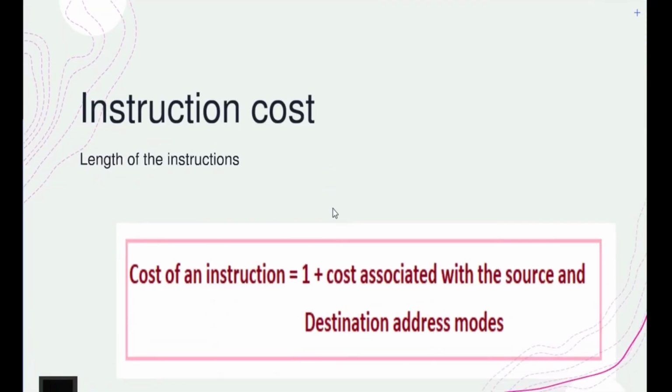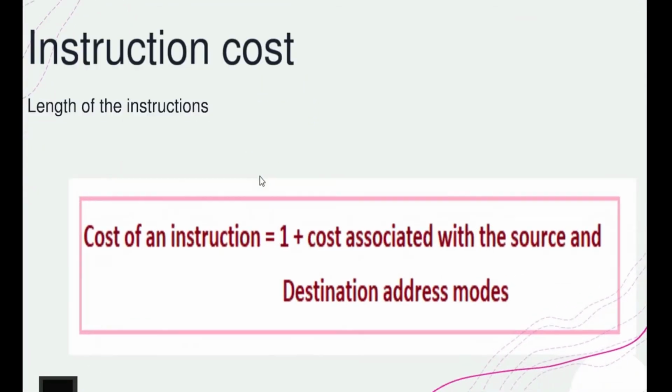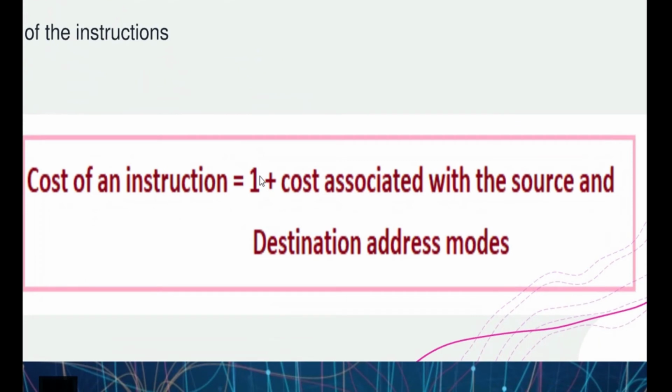The next issue is instruction cost. The cost corresponds to the length of the instruction. The cost of an instruction is given by this formula: it is equal to 1 plus the cost associated with the source and destination address modes. That is called the cost of an instruction.